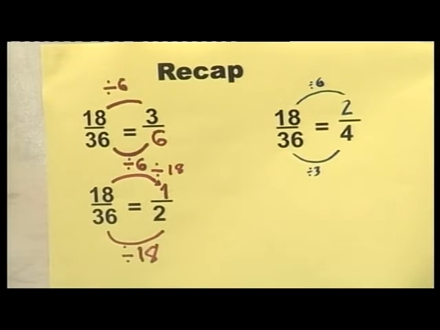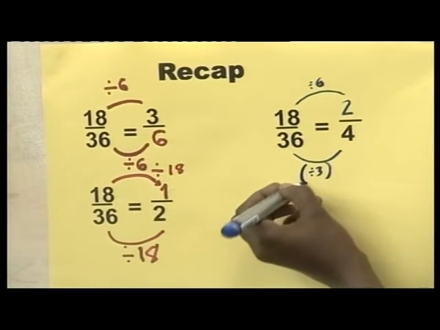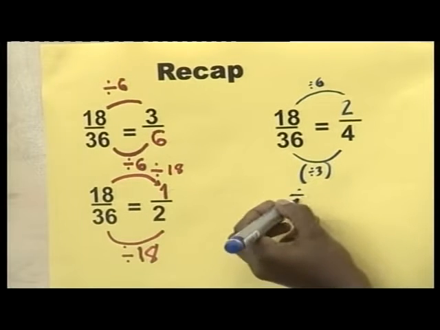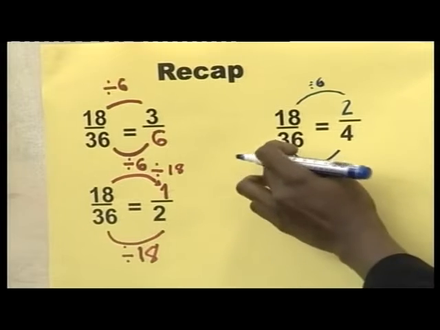But this time, we will divide by that common factor. Vanessa? Loud and clear? Okay, very good. The answer is supposed to be dividing by 9. 4 times 9 is 36.